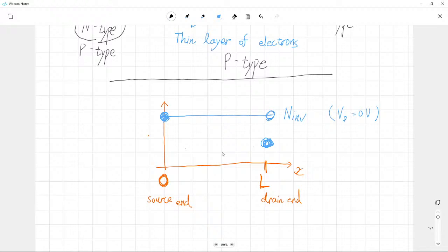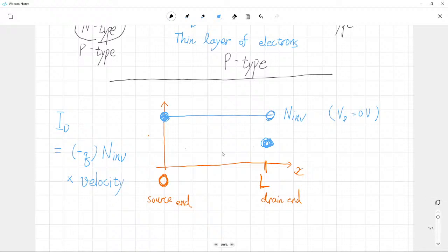Then I will show it right now. If electron density is not changed at all, then drain current is given by the number of electrons or charge of electrons, so minus Q times N inversion, that is constant everywhere, multiplied by the velocity of our electrons.